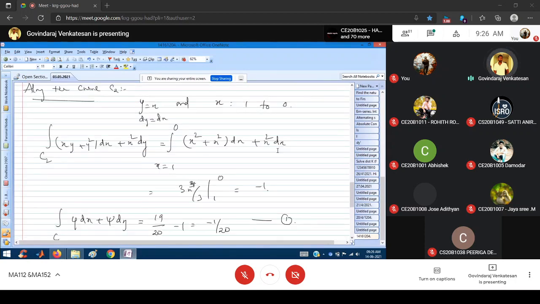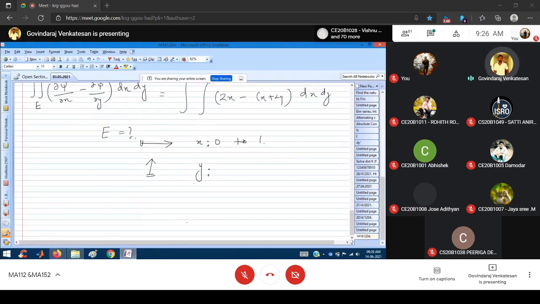So y varies from x square to x. So now I have the region E: x is running from 0 to 1 and y is running from x square to x.